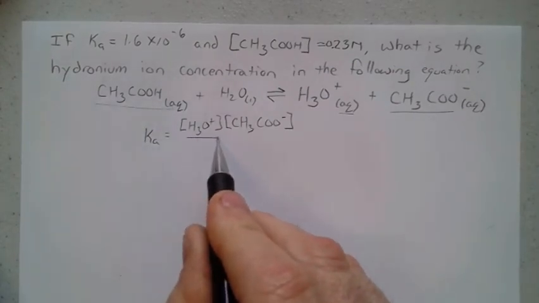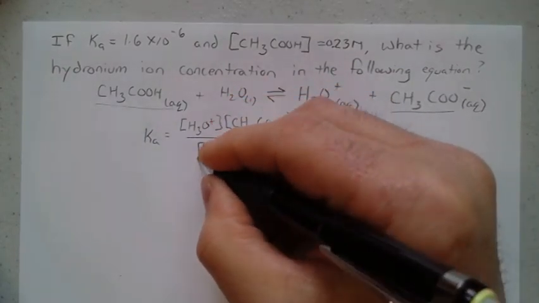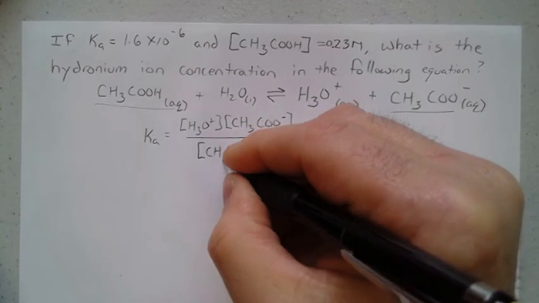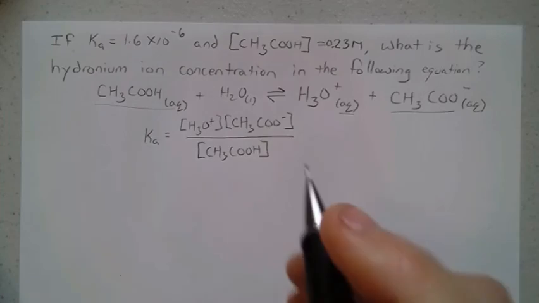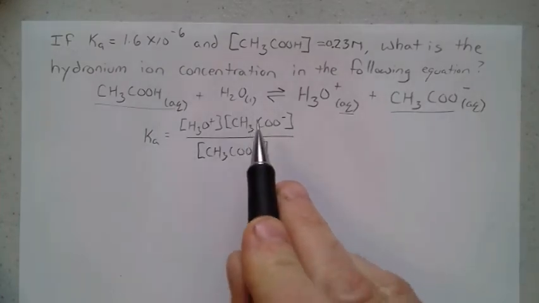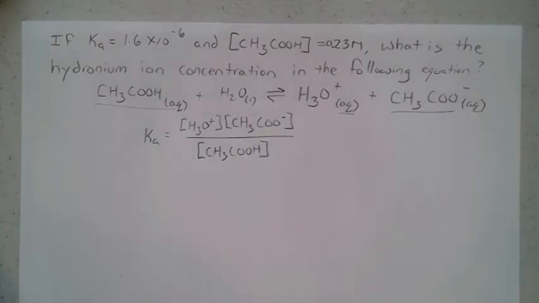And then I have the reactant, the acetic acid itself, CH3COOH. I do not include the water because it is a liquid, and you never include solids or liquids in any Keq problem.